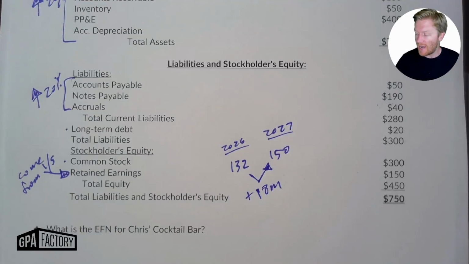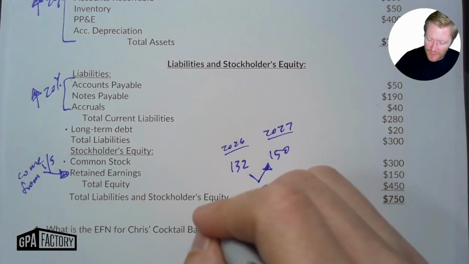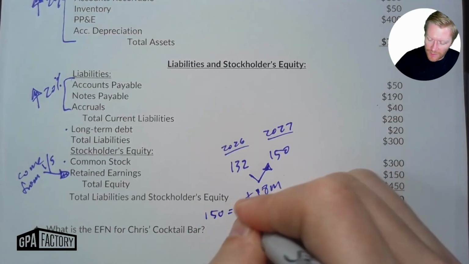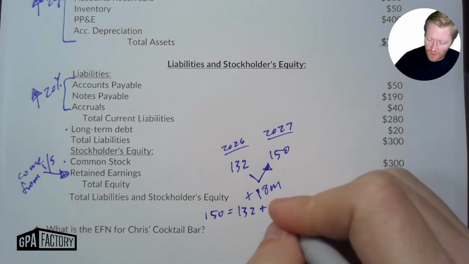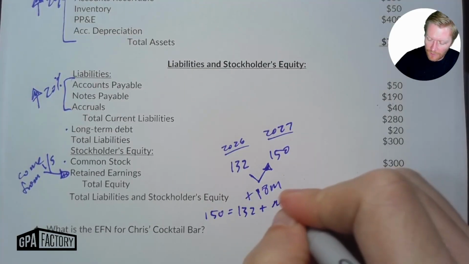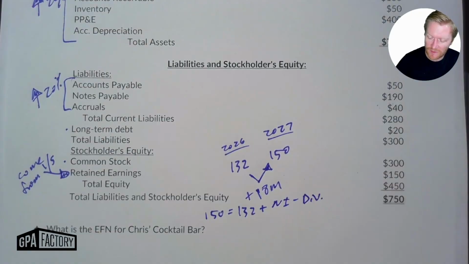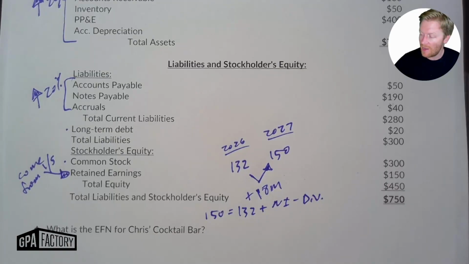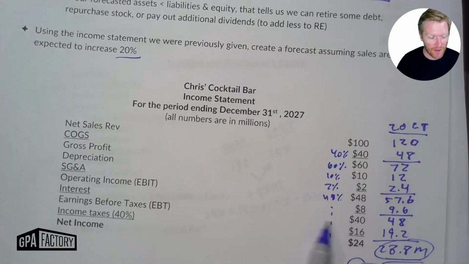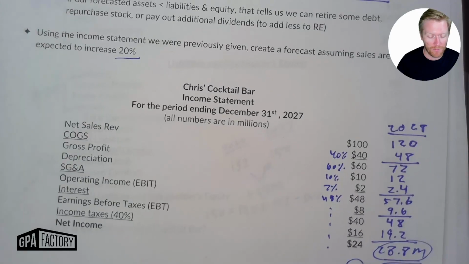So what we can look at is ending retained earnings. A couple of ways that we can think about this. The ending retained earnings is the beginning retained earnings plus what makes it go up, net income, minus what makes it go down, dividends. Well, we know that the total addition is this 18 million. But the other thing that we know is that for 2027, our net income was 24 million.